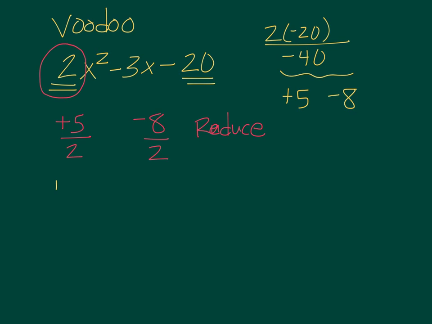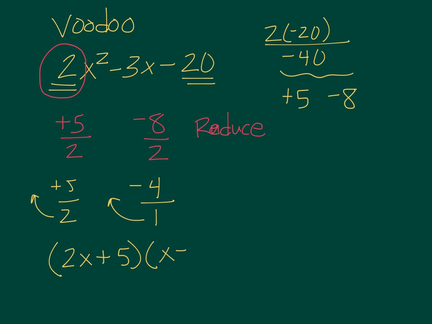So that's going to give us positive 5 over 2, because it's already reduced, and negative 4 over 1. And then we're going to move these denominators up, and we're going to get 2x plus 5 and x minus 4, which is what we got last time. And we've already checked, it does multiply out to the original polynomial.